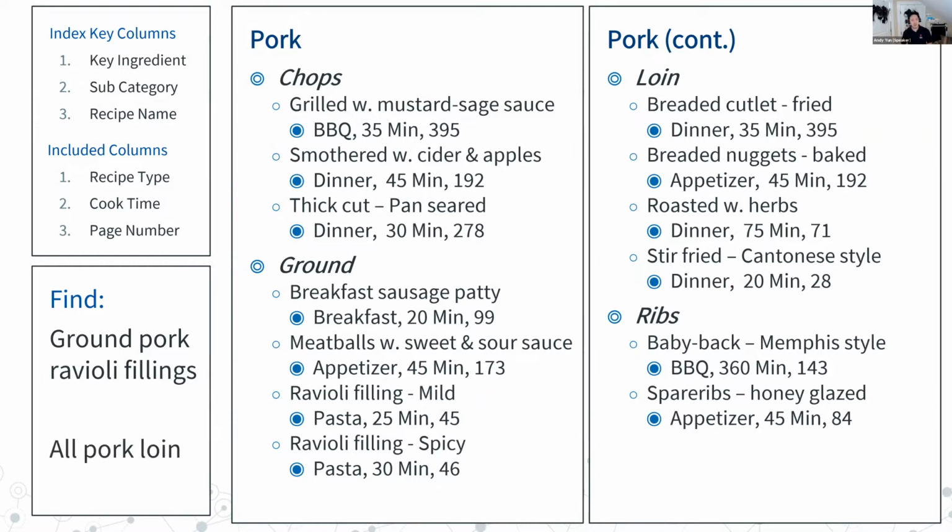A second example of this is, let's look after all pork loin recipes. So I know go to pork, go to loin, and then I can just scan all of those. So that's more of a range scan scenario here. And depending on how you order your key columns, a range scan can be an extremely powerful tool in figuring out how to make indexes that are effective for your workload. Because if you have a lot of inequality predicates, like a recipe was submitted within the last 30 days, right?